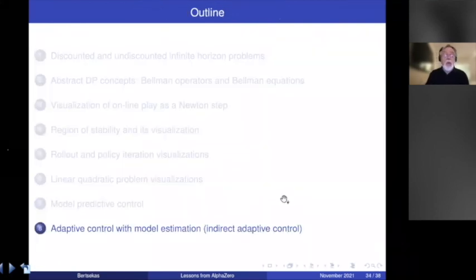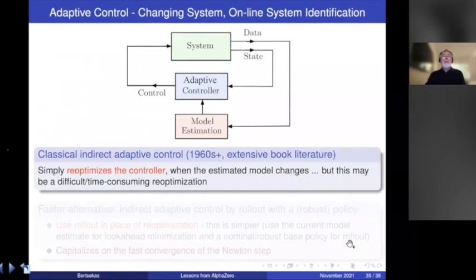So now let me go into adaptive control with model estimation. What's called indirect adaptive control is combined model identification and adaptation of control in response. So what we have here is a system that's changing over time. Its model is changing over time. Data is collected from this system, and we run a model estimation, system identification algorithm, the results of which are passed into an adaptive controller who makes proper adaptations.